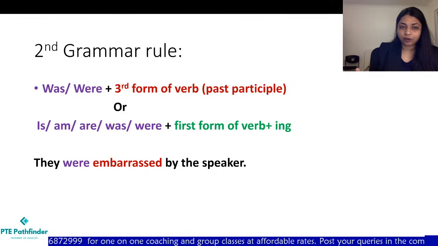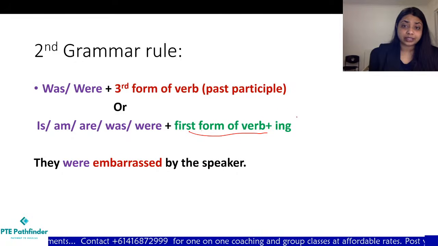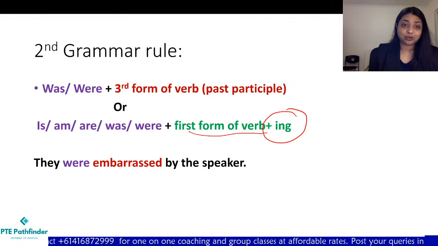If you heard what I said, I was drawing something. Sometimes these verbs like is, am, are, was, were could also be followed by the first form of the verb plus ing. So, I was drawing. Draw plus ing, drawing.